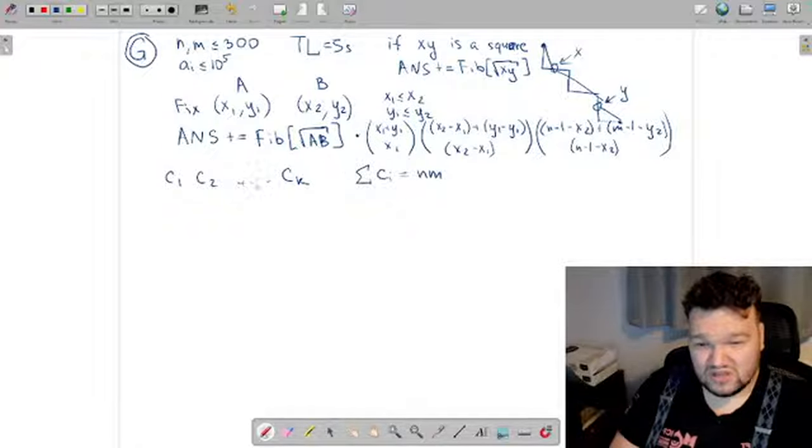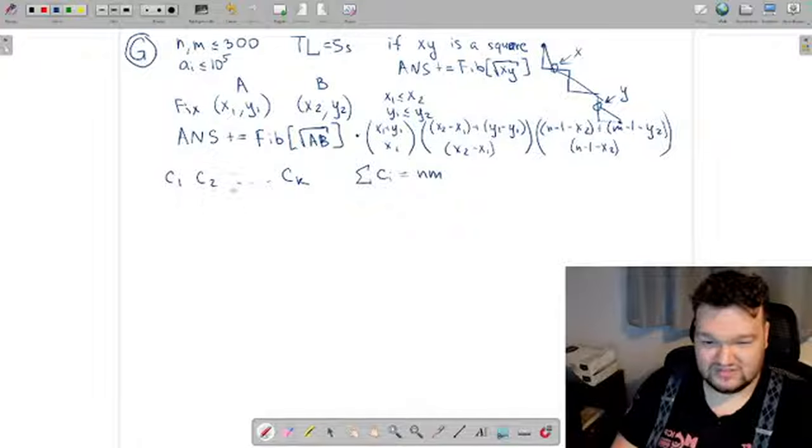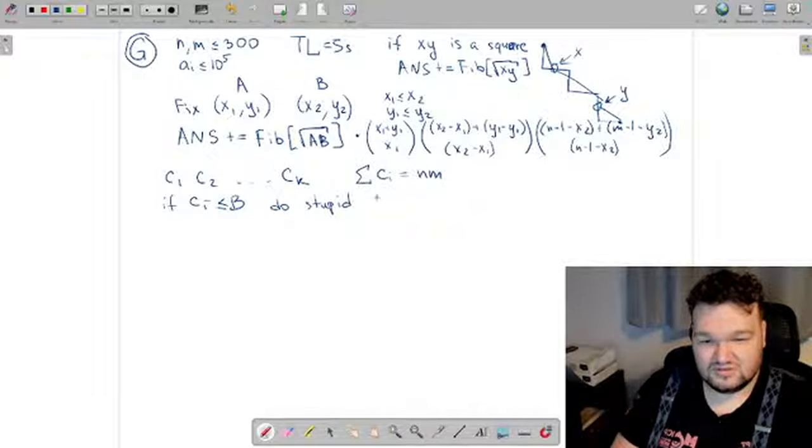Then the sum of Ci is Nm. And for small components, we can afford to spend squares. So if Ci is smaller than something, b, just do it in a stupid way: iterate over all pairs and multiply those binomial coefficients, Ci squared work.